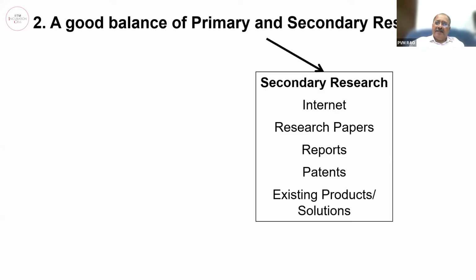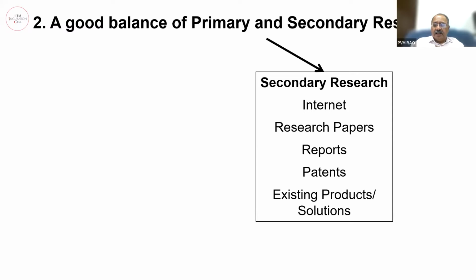Let me start with secondary research first, which many of us are familiar with. For understanding the problem, we look for internet sources, research papers, reports, existing patents on the same problem or solutions, and what products are available in the market.